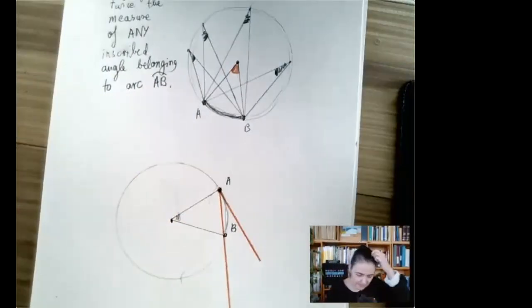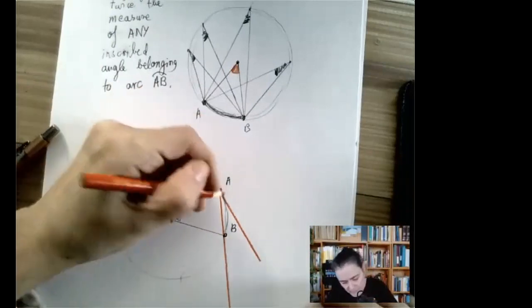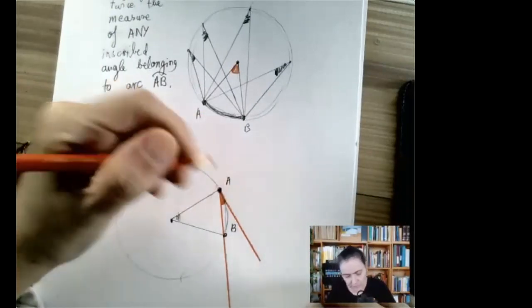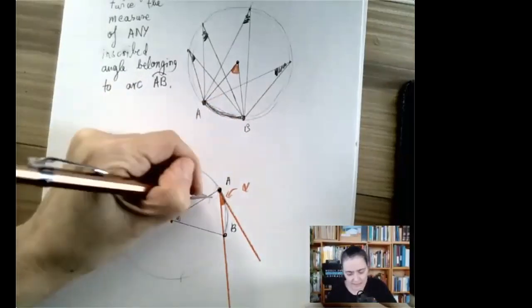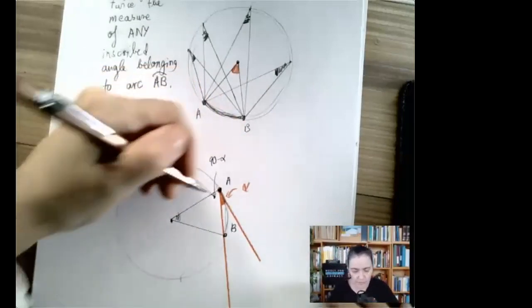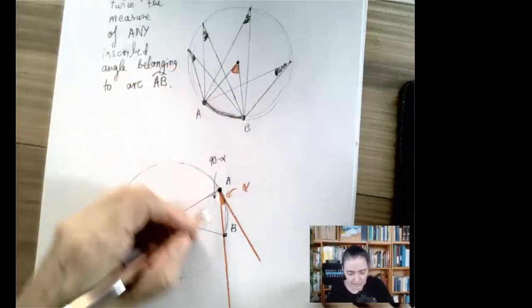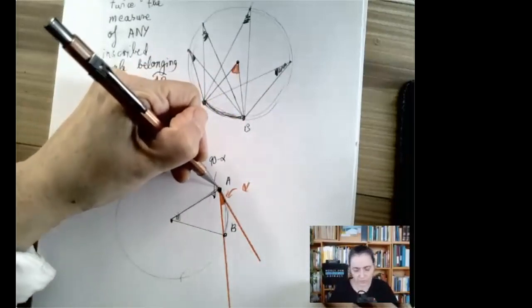All right, let's see. This is going to be surprisingly easy to prove. So let's call this angle alpha. And then this angle here has to be 90 minus alpha, because remember, the tangent line is perpendicular to the radius drawn to the point of tangency.